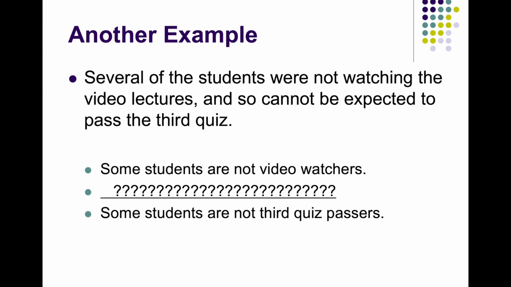Then we can go to the end terms, and the end term students already appears twice, so we know the missing term is third quiz passers. If we apply the test of equal distribution, students is not distributed in the first premise and not distributed in the conclusion, and that's fine.